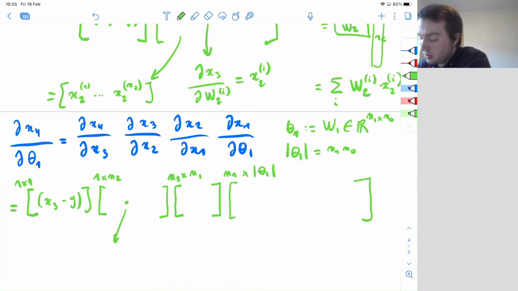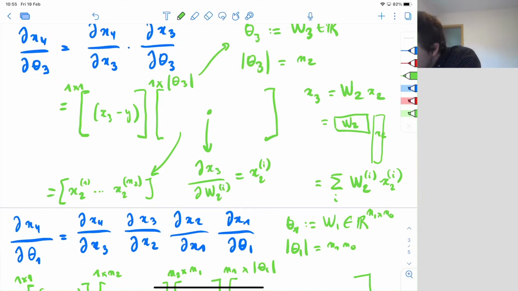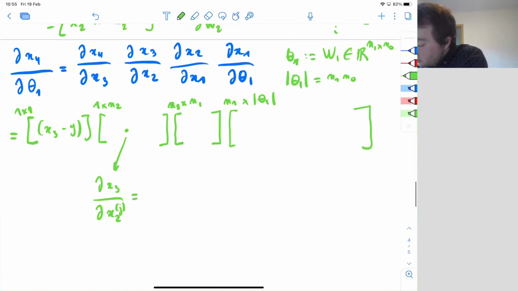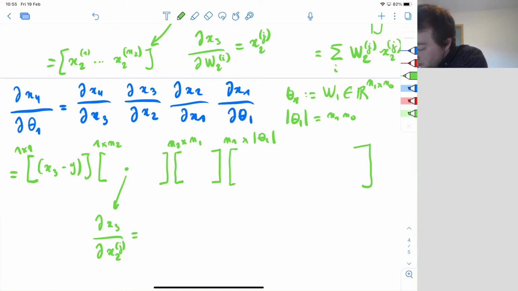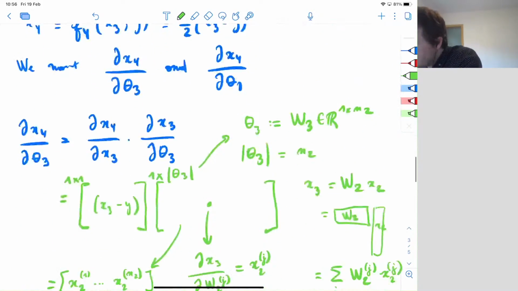Each element here corresponds to x3 with respect to x2j, let's use j for the columns, and this corresponds to W3j.